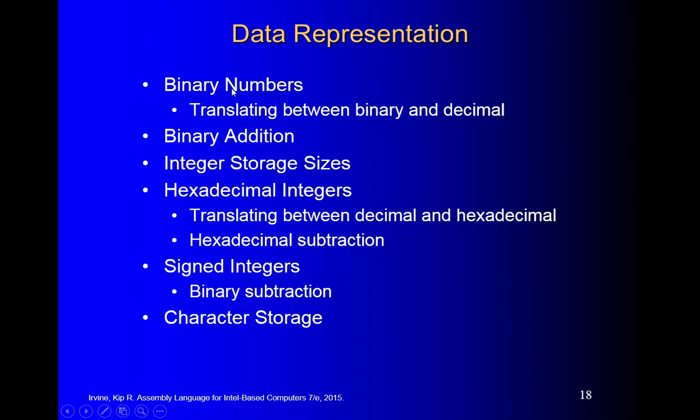For binary numbers, you have 0 and 1 as basic digits. In this section, we're going to talk about binary numbers and binary addition, integer storage, hexadecimal number systems, signed numbers and unsigned numbers, and character storage.